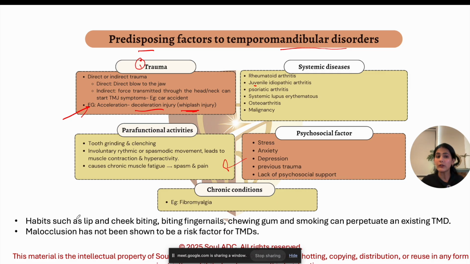Now, your TG also says that habits such as lip or cheek biting, fingernail biting, chewing gum, and smoking can perpetuate an existing TMD problem. For anyone already having this problem, it can aggravate it and further cause problems. And malocclusion is not a risk factor for TMD, because TMD can cause this problem rather than malocclusion causing TMD.